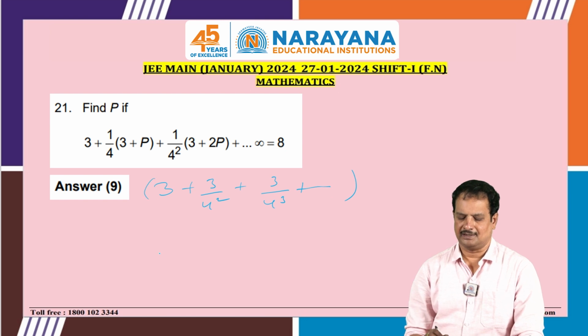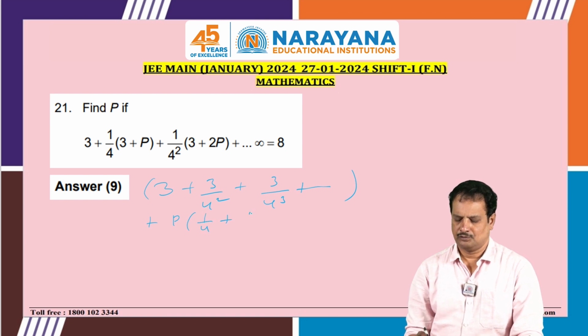This is one part. The next part will contain p common. Then it is 1 by 4 plus 2 by 4 square, next one 3 by 4 cube and so on up to infinity. This is equal to 8.